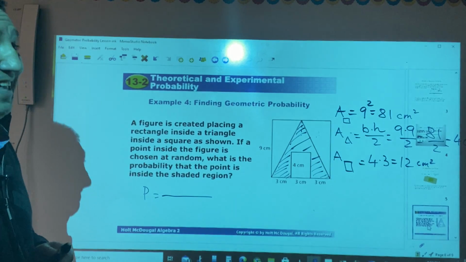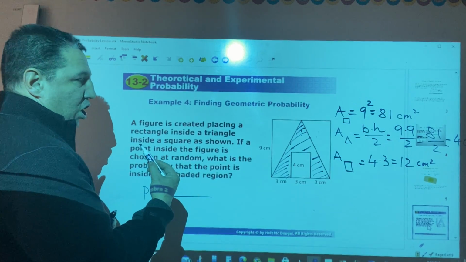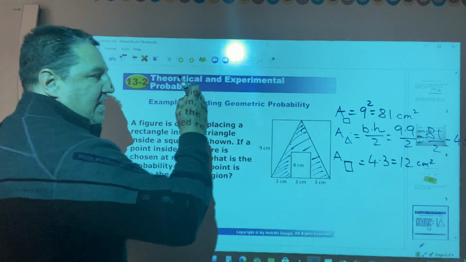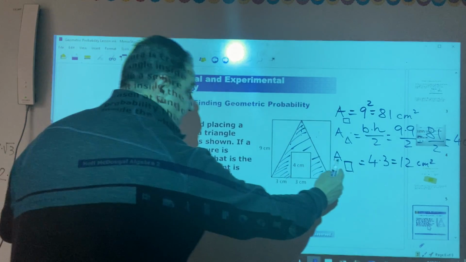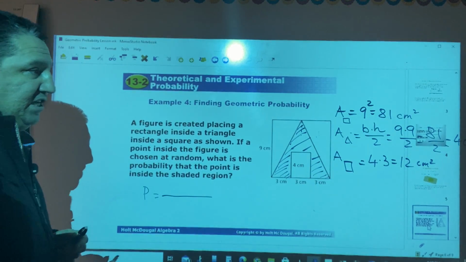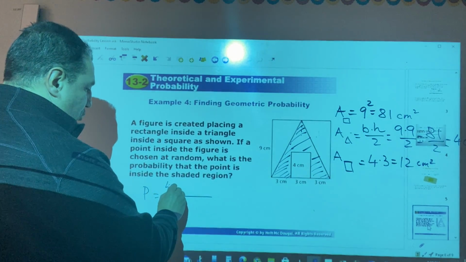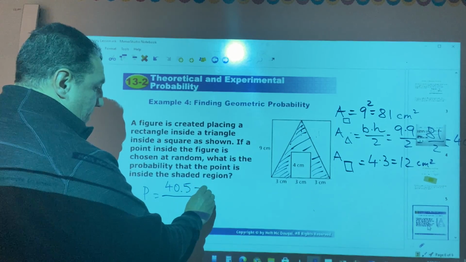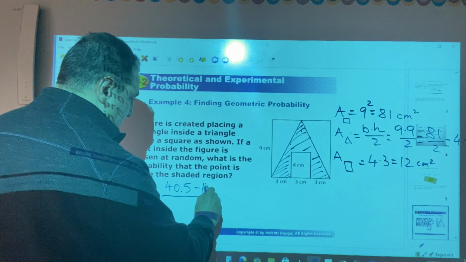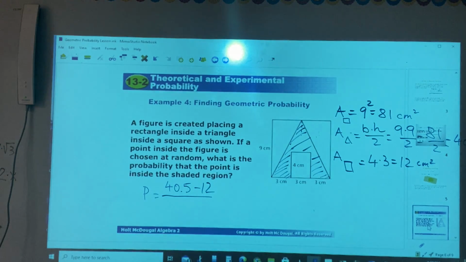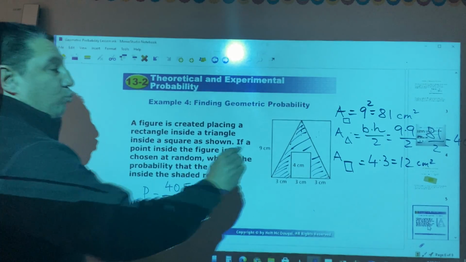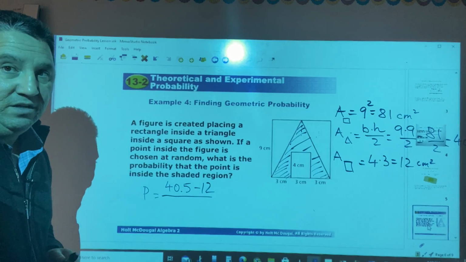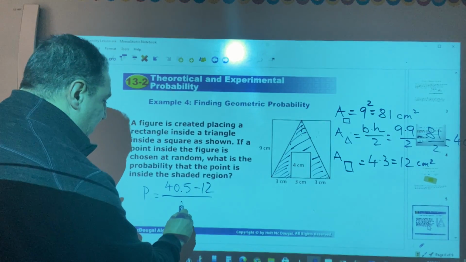To find the shaded region, we have to subtract the area of the rectangle from the area of the whole triangle. So on top, you're supposed to have 40.5 minus 12 over the total area, which is the area of the square. And the area of the square is 81.